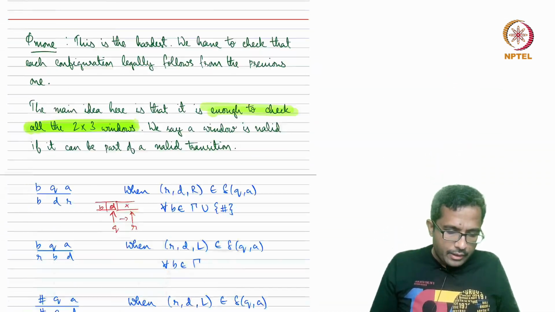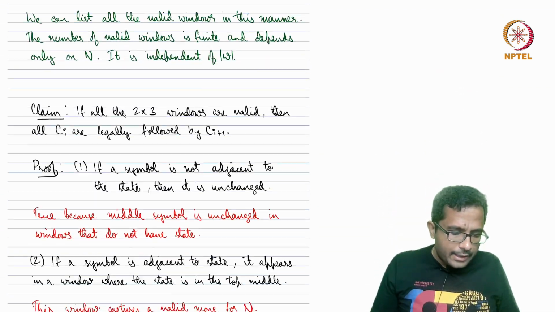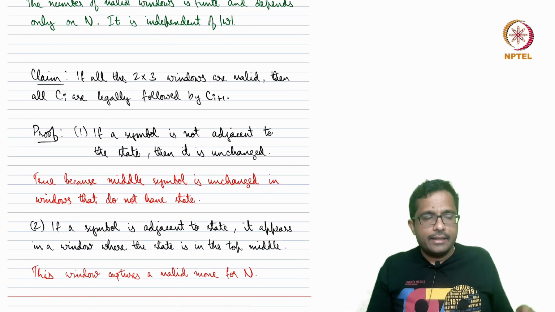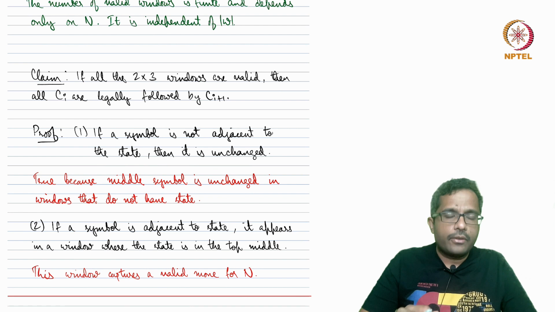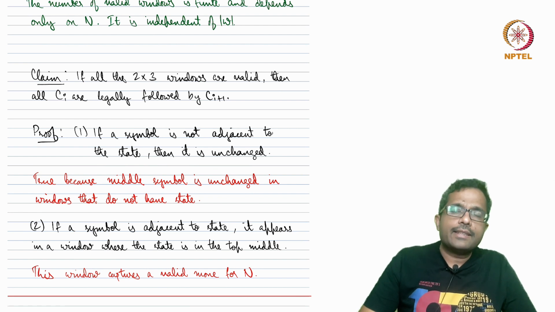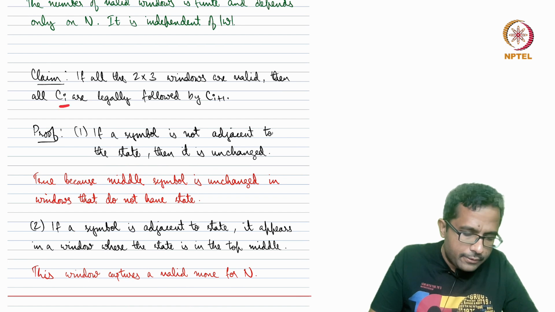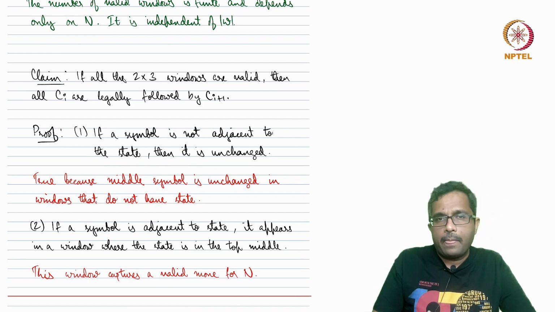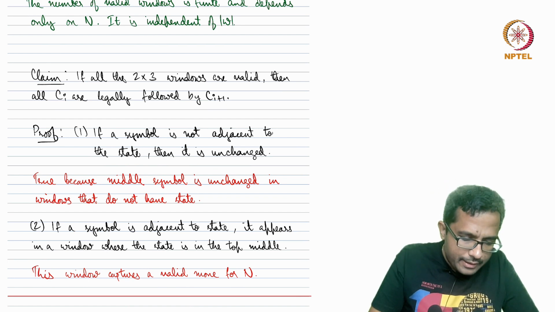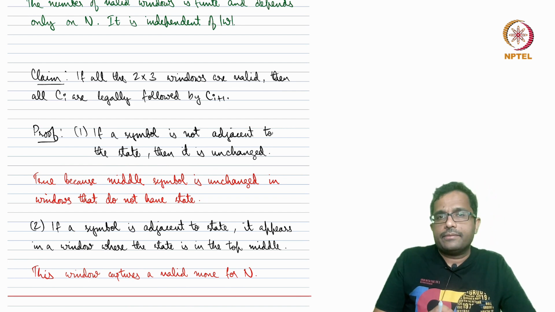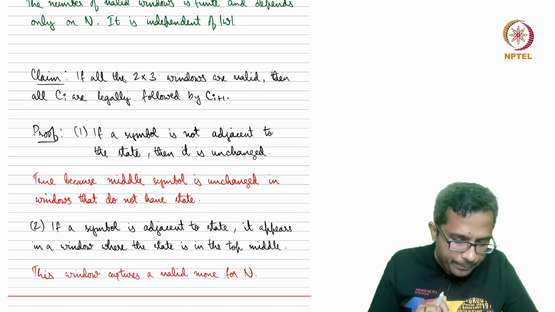So if we verify that all the 2x3 windows are valid, then it means that each configuration is a valid successor of the previous configuration, or in other words, each configuration is legally followed by the next configuration. This claim says that it is enough to check all the 2x3 windows. So why is that?